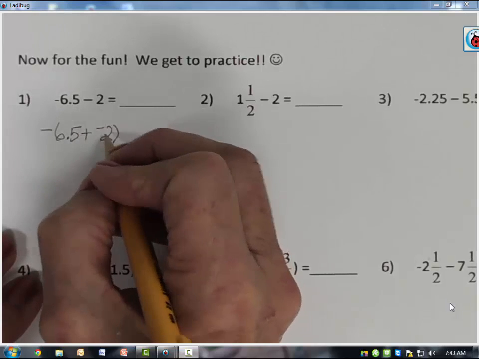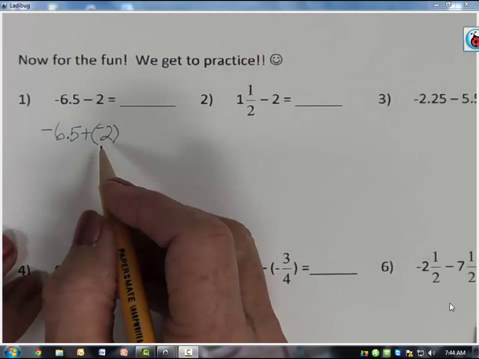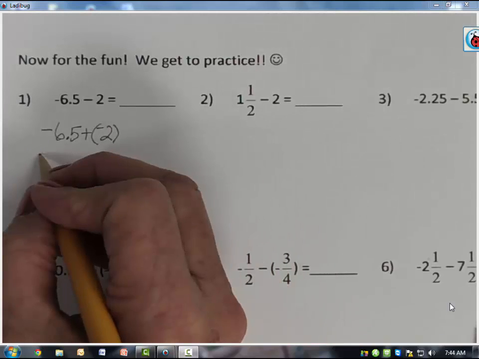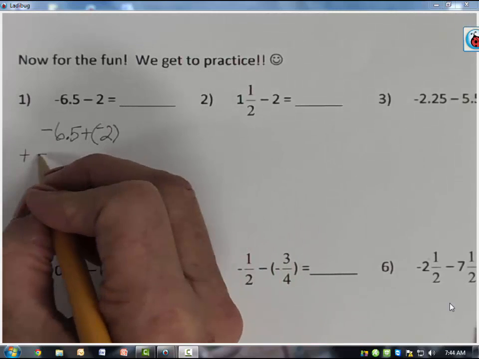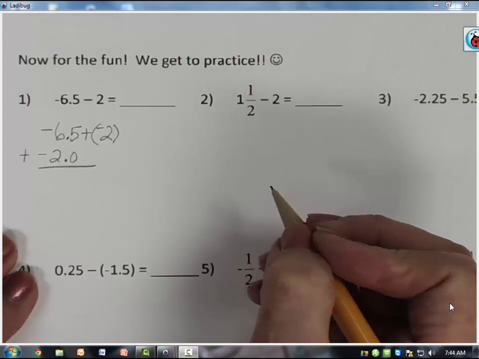If you want to put that negative 2 in parentheses just to separate it from the plus sign, that's fine. Now this is a decimal, so we have to line up the decimals. So we're adding plus negative 2.0. Be sure you line up the decimals.